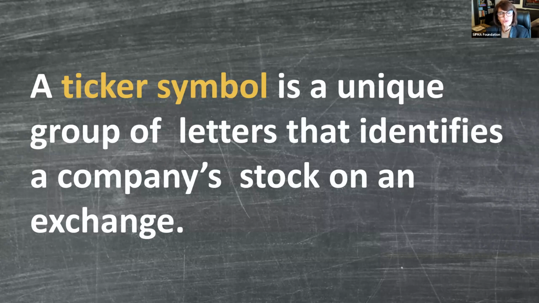There might be two Apples out there. By the way, there's the Apple label for the Beatles group, right? And then we have Apple computers. So you can't buy shares in the Beatles group, but we have the identifiable code for Apple computers.